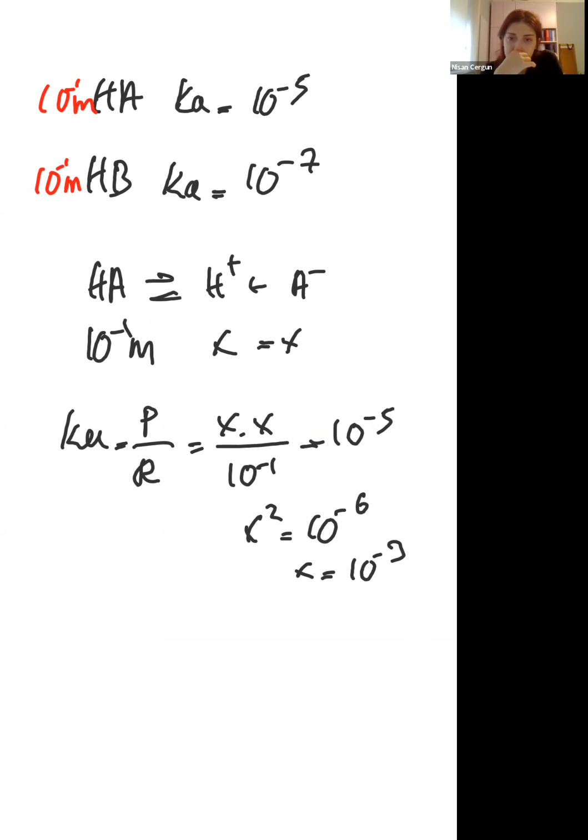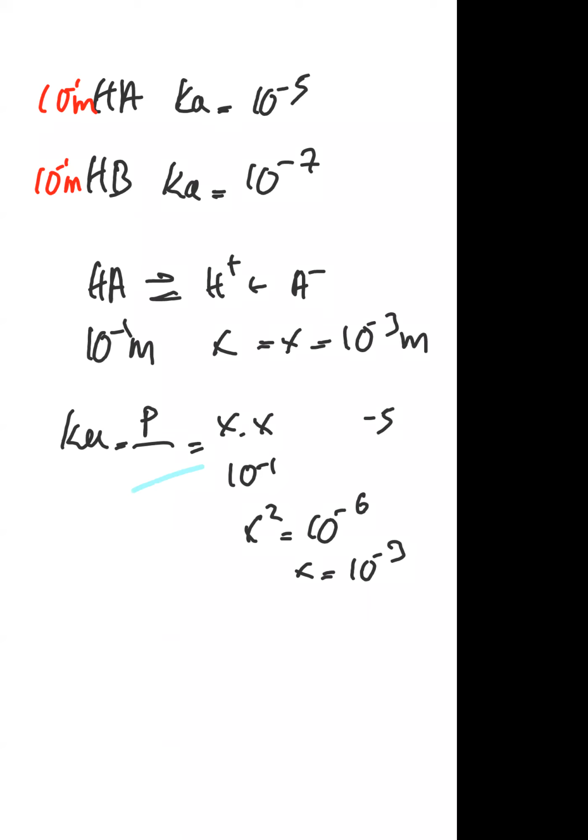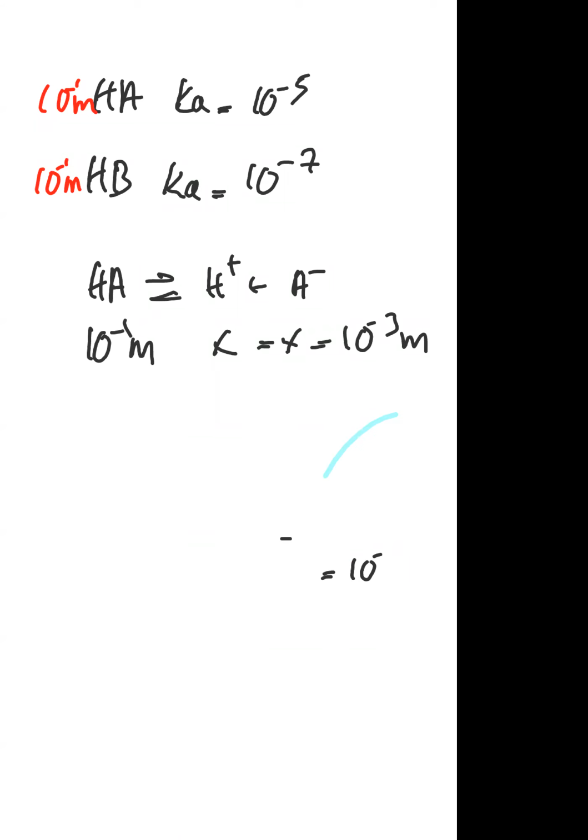Then let's put this concentration here. Okay, then check the value for HA. Also, let's say the pH value of this guy is something like 3. And normally, what should it be? Normally, it should be pH 1. If HA were a strong acid, the pH value would be 1.